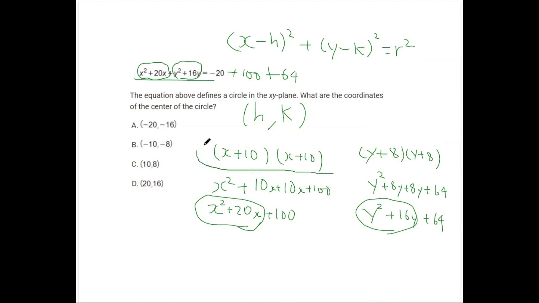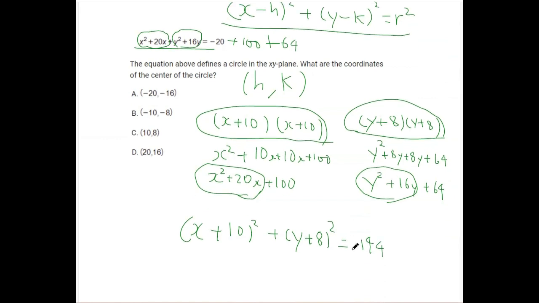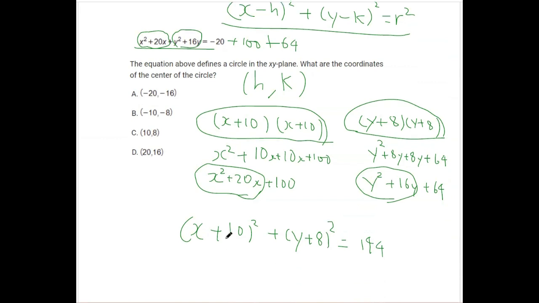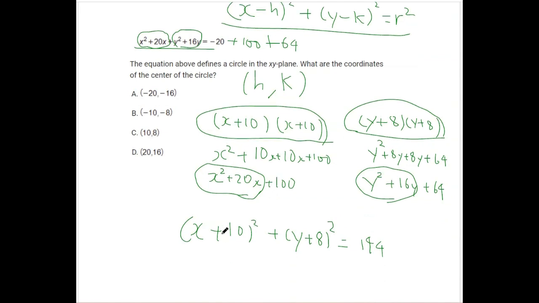Now, I can deal with these two. How can I write this in the form here? I can go ahead and say (x plus 10) squared plus (y plus 8) squared is equal to 144. Now, since I have a plus here and a plus here, and you see a minus in the form, I need to make sure that I don't get confused with this sign.